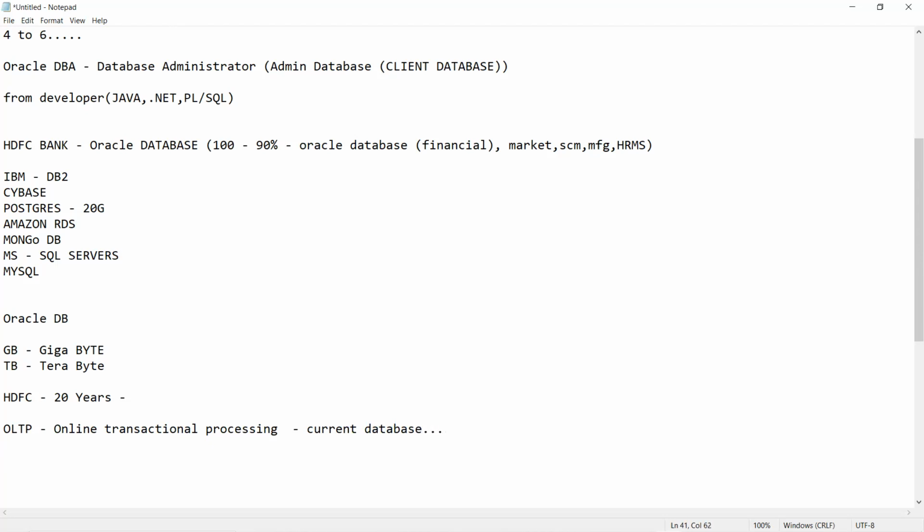Now how about 20 years old data? The old data will come from online analytical processing. These online analytical processing databases are called data warehouse databases.